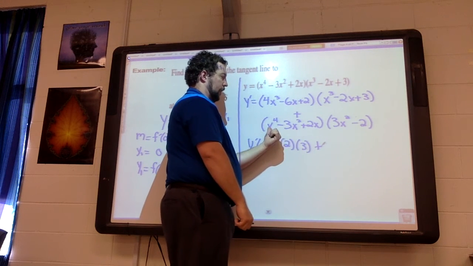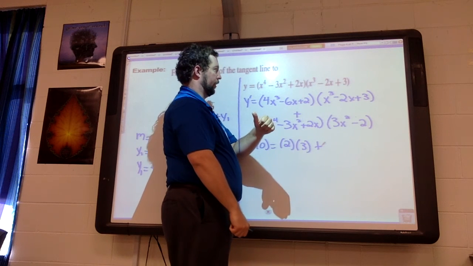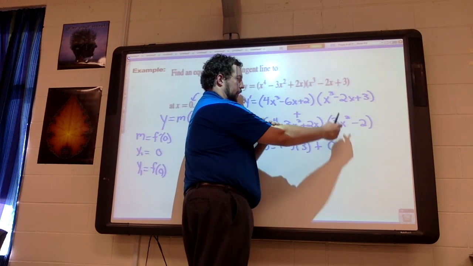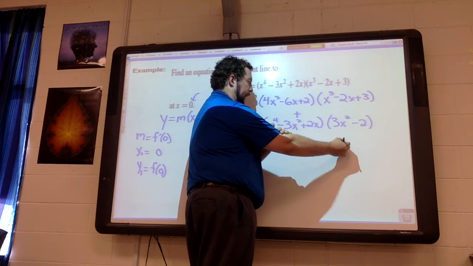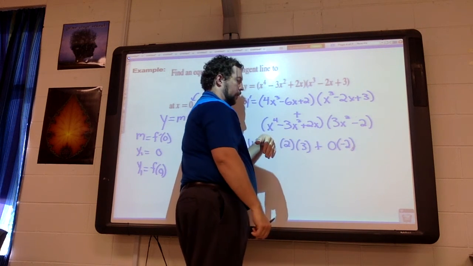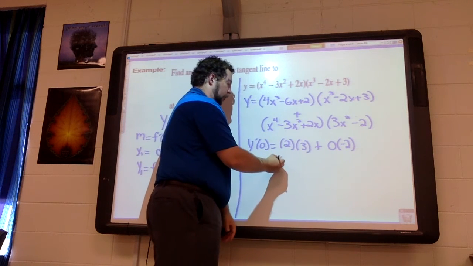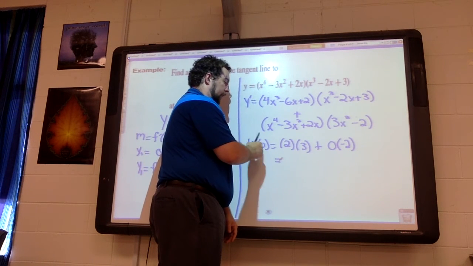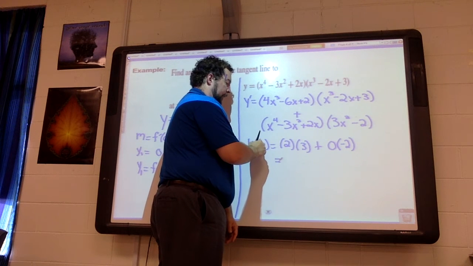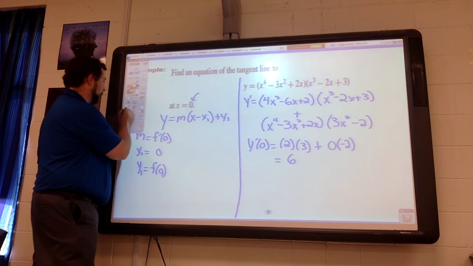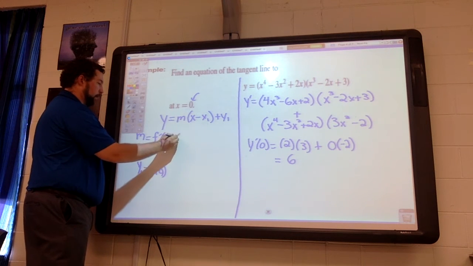Plus, if I plug a 0 into this part, let me check that, make sure, yep, that just gives me 0. And a 0 for the second part there gives me a minus 2. I do my multiplication, that goes to 0, so my slope here, the derivative at 0, the slope at that instantaneous point 0 is 6. All right, so I can write that over here. That is my slope.